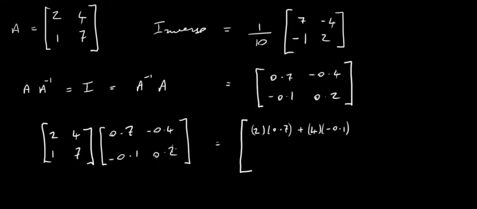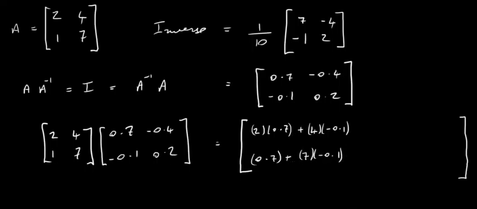Okay, so let's say this one down here now. It's 1 times 0.7, so that's just going to be 0.7. And then I've got to add 7 times minus 0.1.